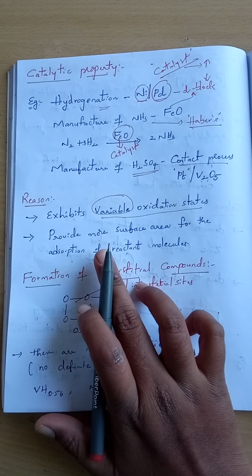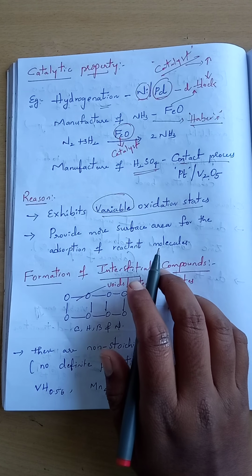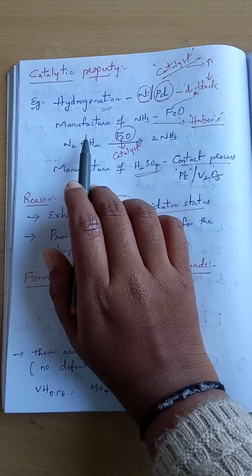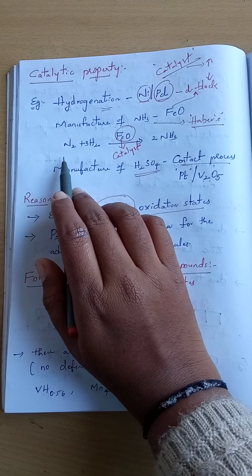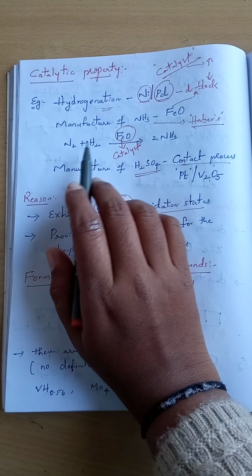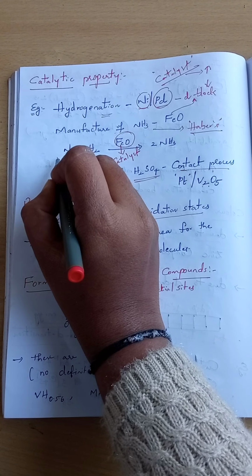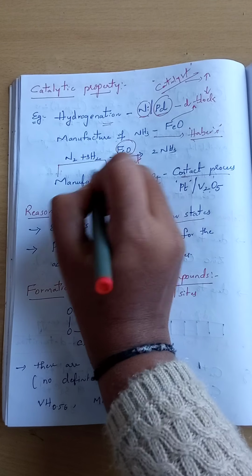Another reason is that they provide more surface area for the adsorption of reactant molecules. For example, here we have seen the manufacture of ammonia. Two reactant molecules, nitrogen and hydrogen, are undergoing reaction. If they want to undergo reaction, they need some area to participate in the reaction.